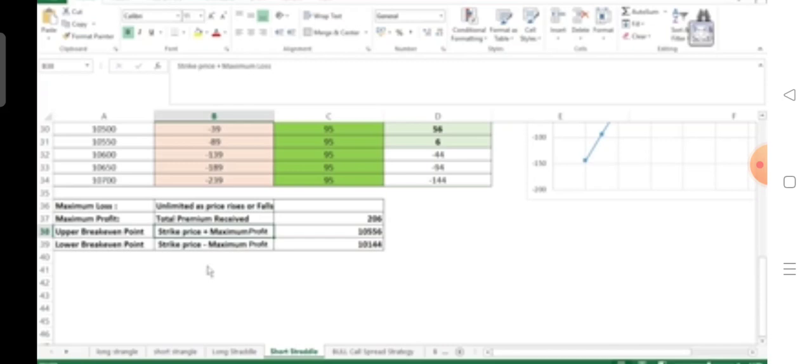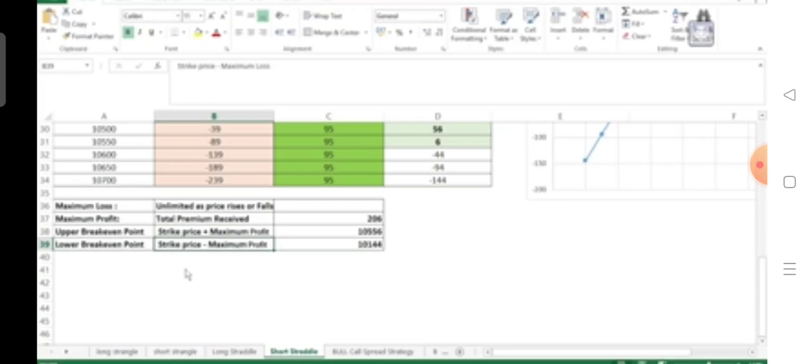The upper break-even point will be the strike price, 10,350, plus the maximum profit, the premium which we have received, 206, which is 10,556. And the lower break-even point is the strike price minus the maximum profit, so 10,350 minus 206, giving a value of 10,144.